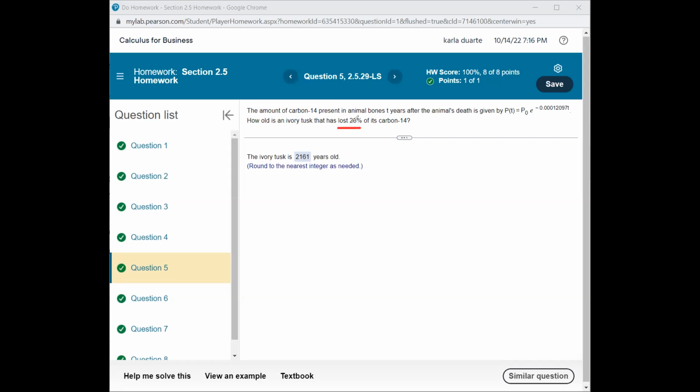It's lost 23%. Okay. So in this case, we don't know what the amount was. Okay. We don't know that. But what we do know, think in terms of percentages, kind of like you do for a half-life. So the initial amount is 100%.